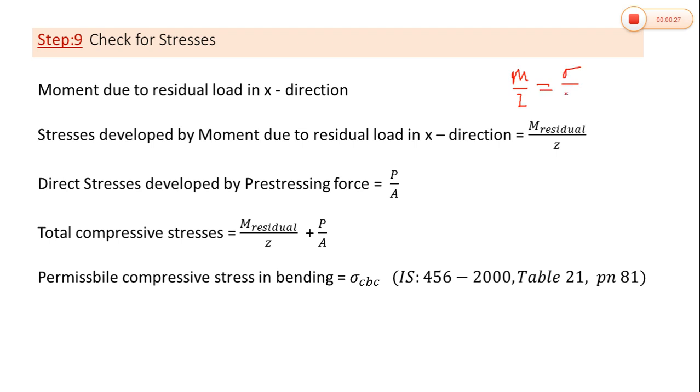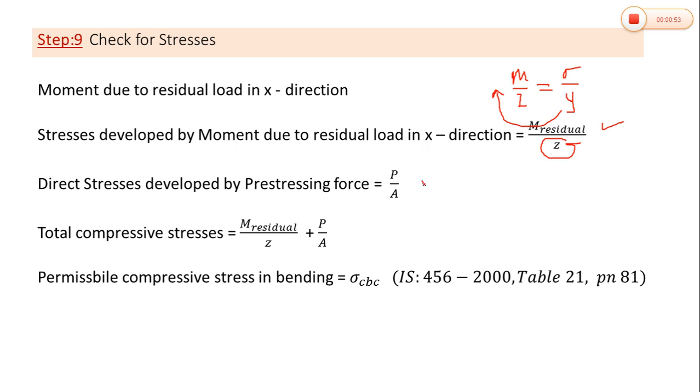So this is the bending equation. When we take this y on this side, we get the stress as M into y divided by I, and this I by y is nothing but the section modulus Z. In this way we get the stresses developed by the moment due to residual load as M residual divided by section modulus.